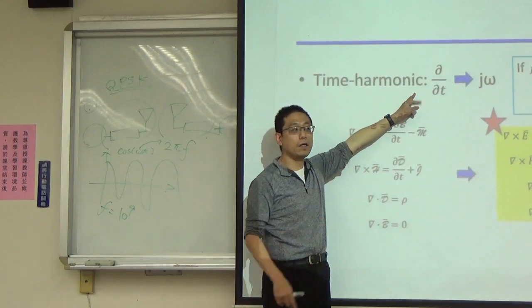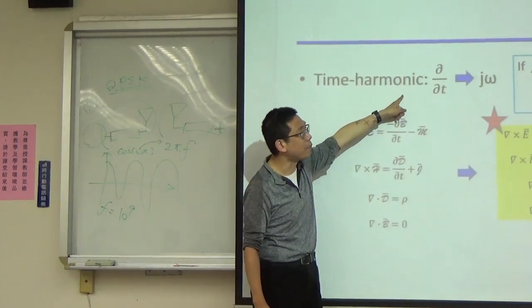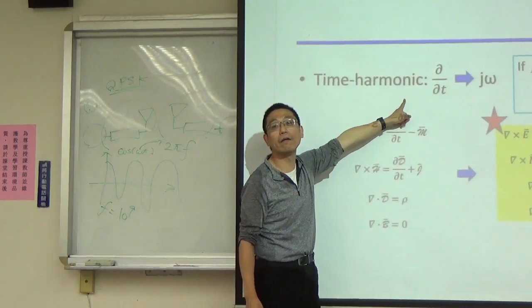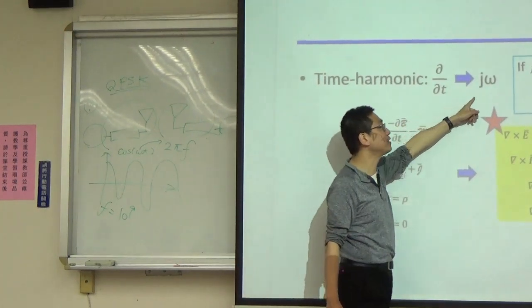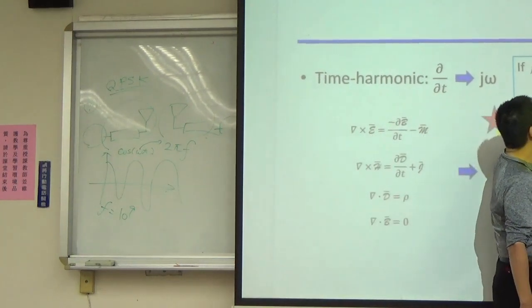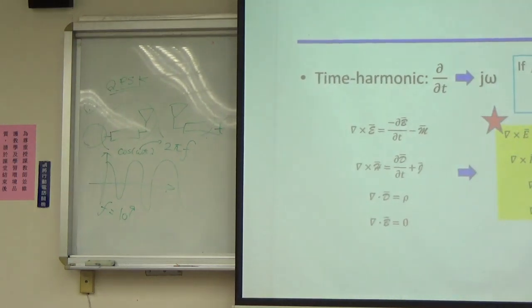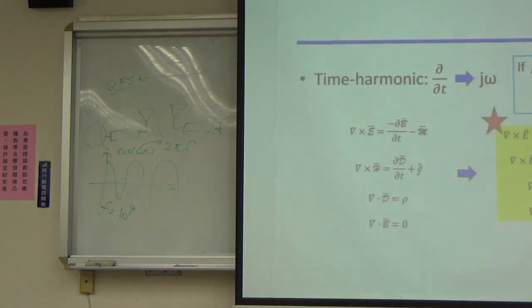Okay, if this is time harmonic, in our last class, I think maybe I explained clearly that we can use the exponential j omega t to talk about the real part and the imaginary part.